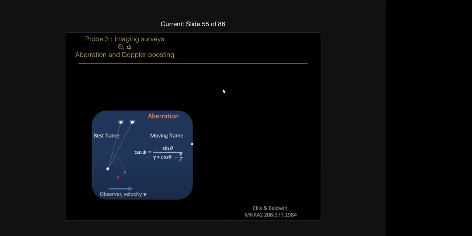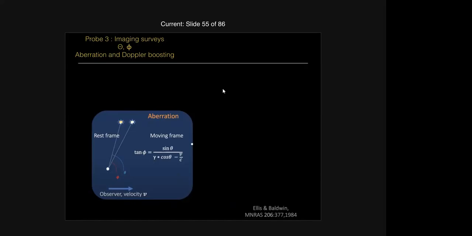You might say, but what has it got to do with cosmology? I'm not looking at a star, I'm looking at the distant universe. But it happens that I can use this method to look at the distant universe. When I look at the distant universe, I don't have just one source, I have a bunch of sources. And if I am moving towards a certain direction, then in the direction of my motion I see more sources than behind me and elsewhere.